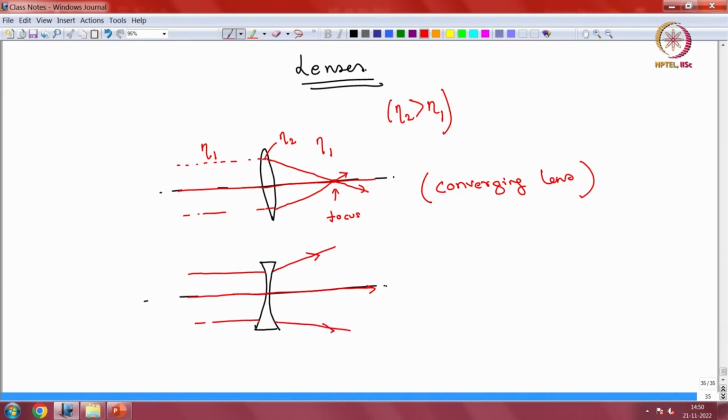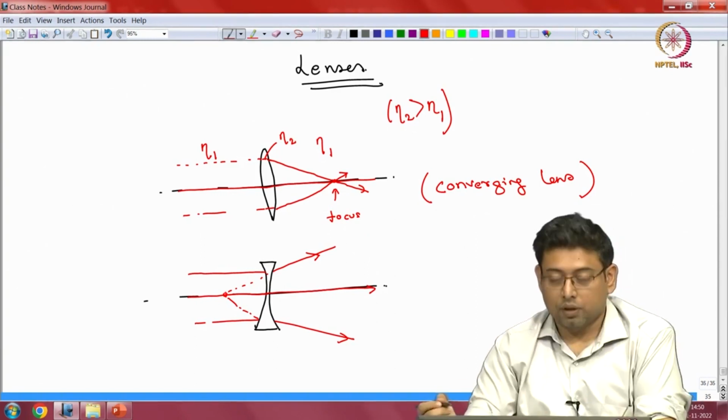Similarly for the other one, and this divergence is such that, okay, this is not a great diagram. This should have been something like this. Let me. Right. So essentially this focal point now is a virtual focal point. These two light rays never really meet, but if you extend them towards the back of the lens, this is sort of where they will meet.